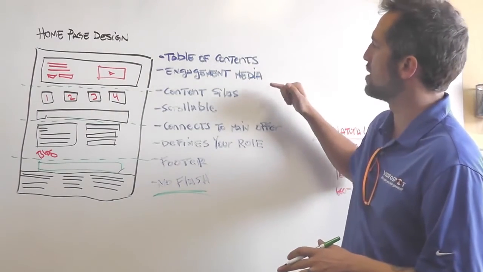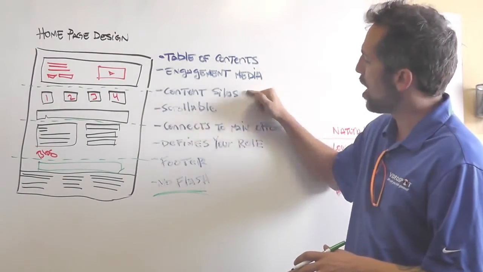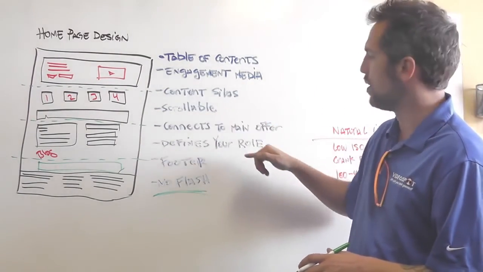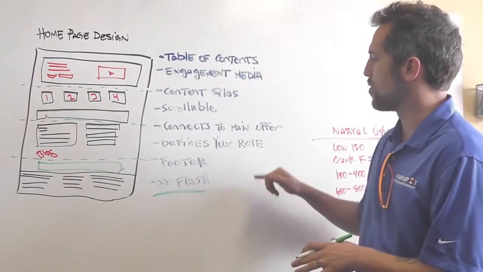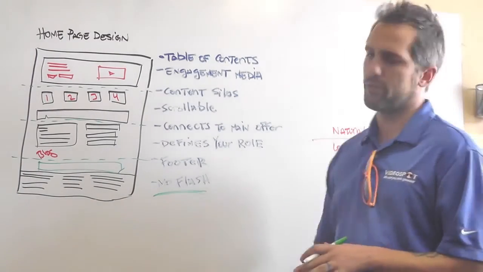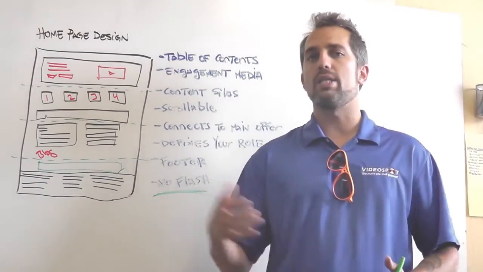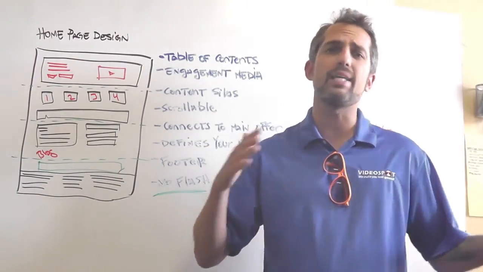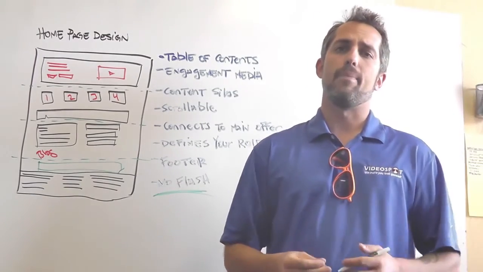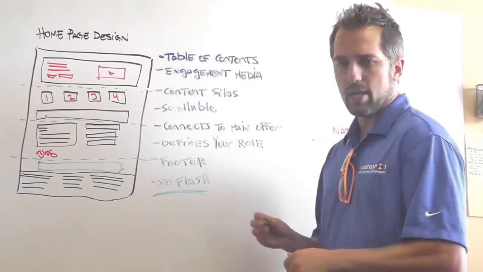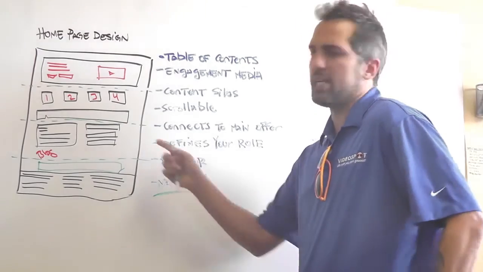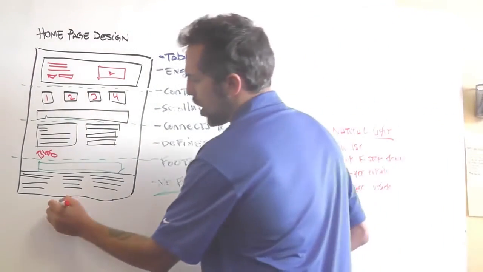Have a table of contents, have engagement media, content silos, make it scrollable, connect to your main offer. It should define your role, and you should have a footer so that people can find you and contact you easily. If they don't want to opt in, but they want to call you and buy, give them that opportunity. And really the main thing about these pages is it's all about your opt-in.